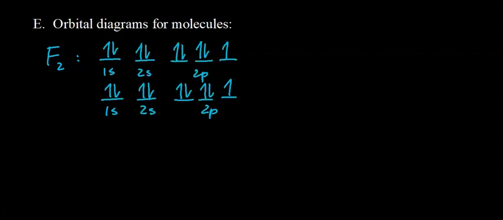So here we have it. We have two orbital diagrams for fluorines, both showing that the fluorine atoms have 7 valence electrons. So what happens when two fluorine atoms form a covalent bond with one another? Well, again, a covalent bond involves a shared pair of electrons.